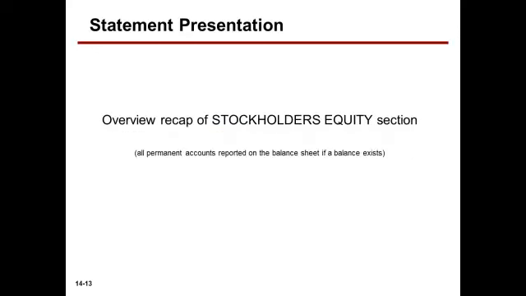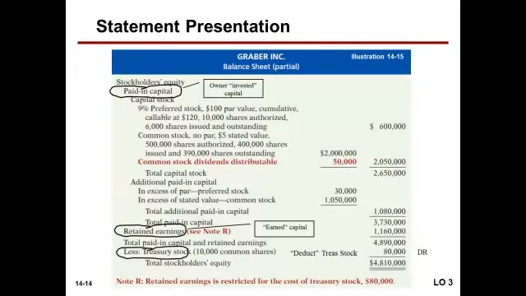Let's look at a recap of the stockholders' equity section. Let's look at all the permanent accounts that are reported in this balance sheet. Three main sections: a paid-in capital section, a generic term meaning all of the owner invested capital as owners buy stock.